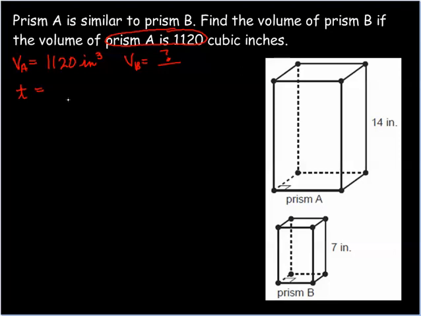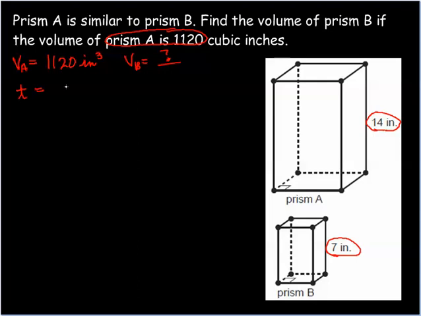Here's our scale factor. What we're going to do is use these numbers to determine what our scale factor is. And remember that we set it up like this. We put the new image in the numerator and the original image in the denominator.